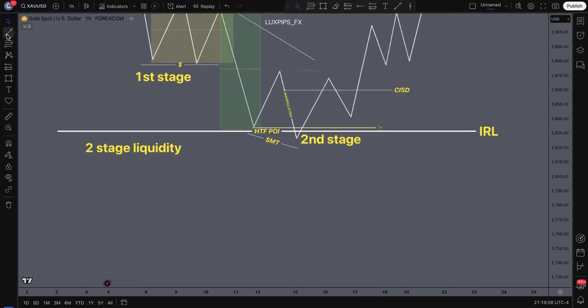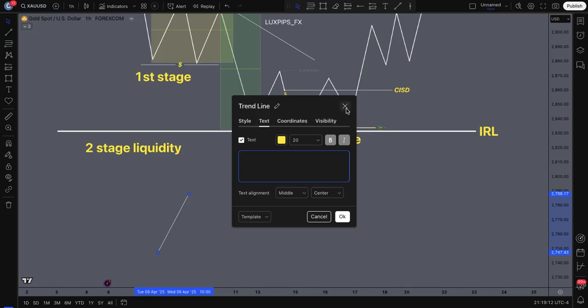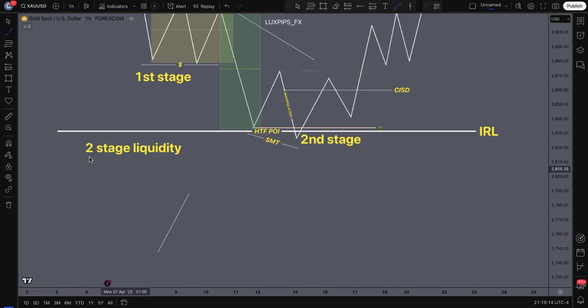Basically, you want to visualize it like this. It's a little stronger like that. Coming into a FEG.